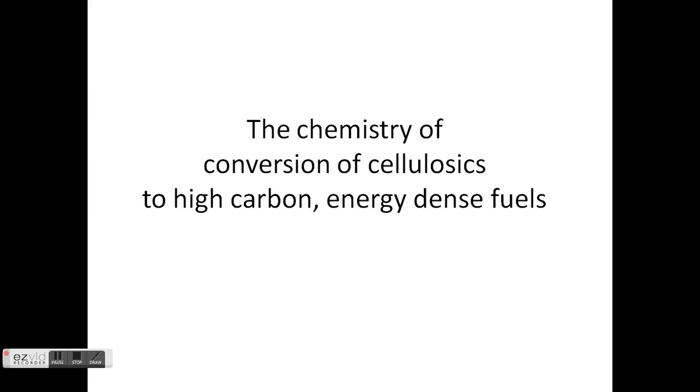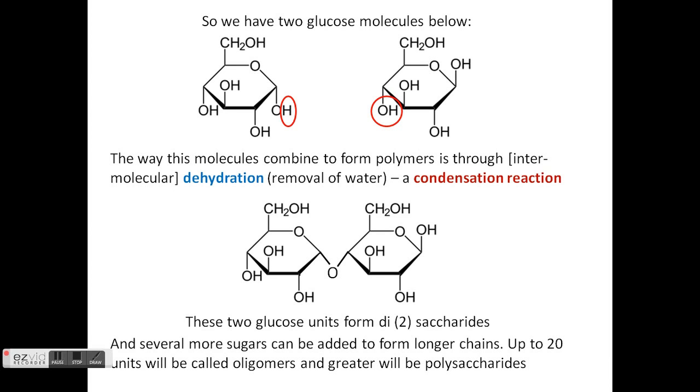And I would like for us to just take an example and see how this process, the chemistry of this process works. So here we have two glucose molecules. There's glucose and another glucose molecule. And the way these combine is through dehydration.